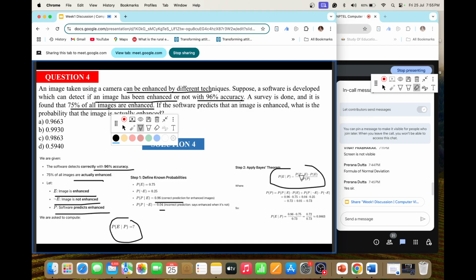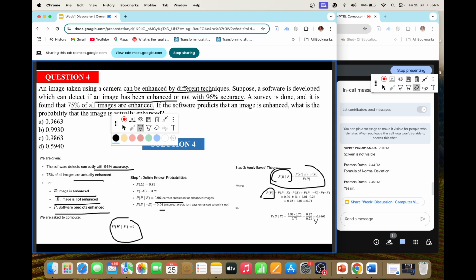We have to just compute P(P), that is the probability that it is predicted by software, which can be found by this formula. Once we get P(P), the probability of predicted by software, we can get the probability of an enhanced image given that it is predicted by software.